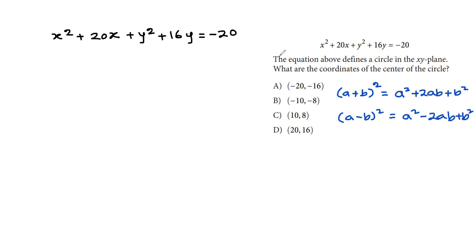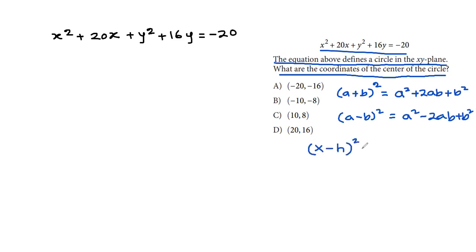Now, it says the equation above defines a circle in the xy plane. This equation. What are the coordinates of the center of the circle? Now, first of all, to find out the coordinates of the center of the circle, it should be in the standard form. And the standard form of a circle is (x minus h) square plus (y minus k) whole square equals r square.